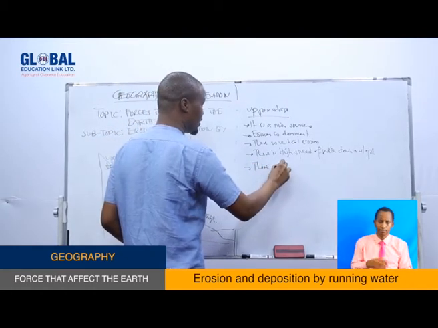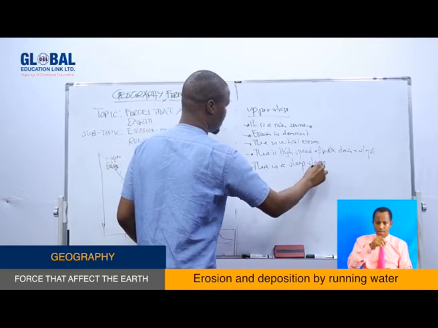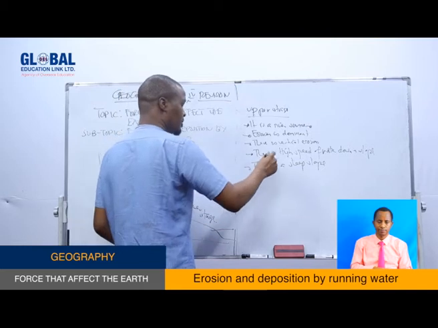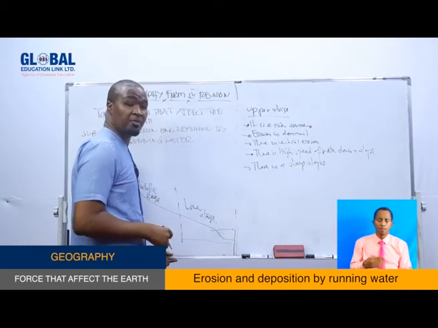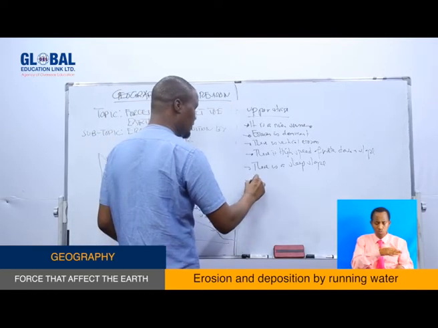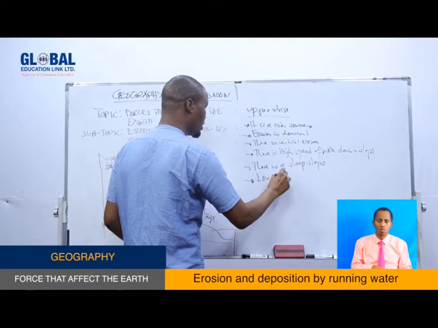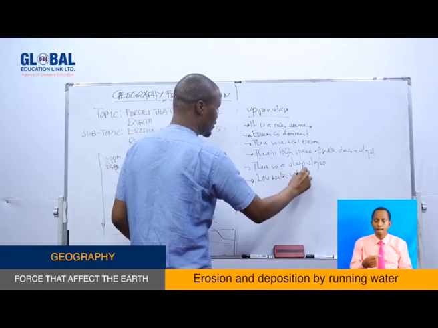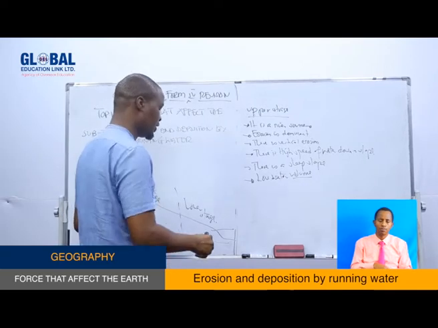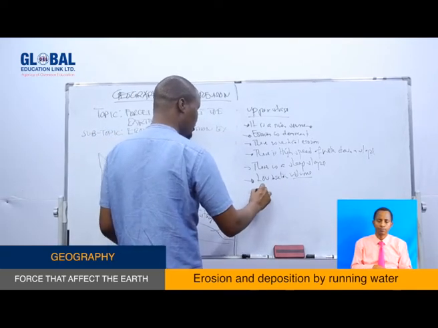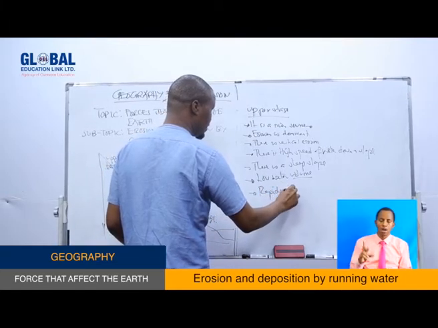Because of the high speed of water down a slope due to the presence of steep slopes, there is a very low water volume. It means the volume of the water is low. Then we say there is a formation of rapids and waterfalls.